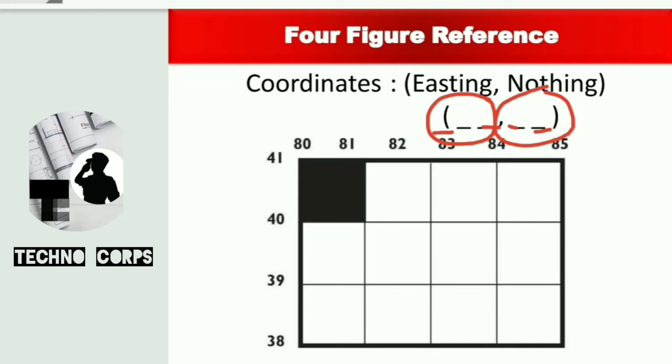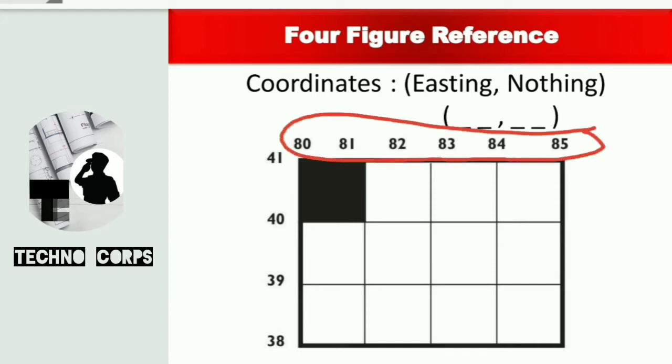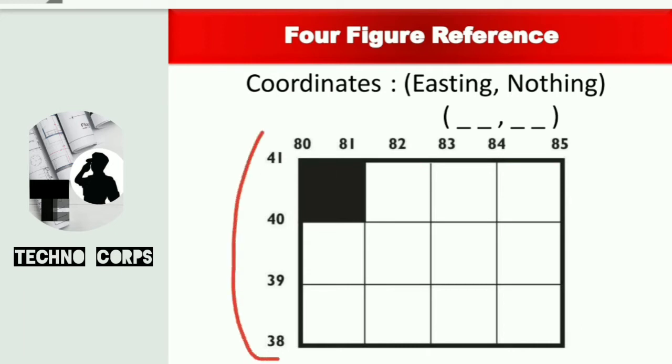So how to indicate that? See here in the example, in this grid, these points are indicating my easting lines, right? And these points are indicating my northing lines. Okay, suppose I need to indicate this particular block or grid in this map, right? So how to indicate that?